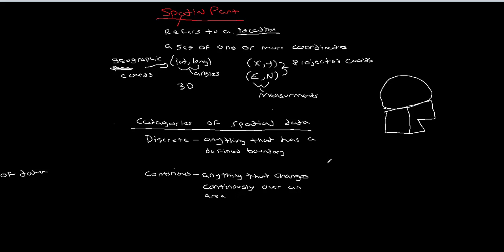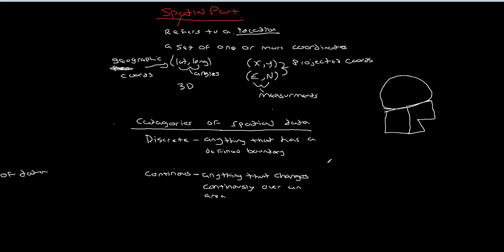So a good example of continuous data would be something like elevation, right? It's like if you were to be walking up a hill, for example, right? Every step you take, you're changing elevation, right? You've either stepped up the hill or you've stepped down the hill. But very rarely, or for very, very short time periods, are you ever standing at the same height.